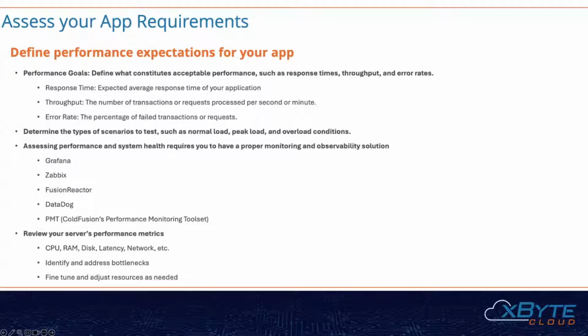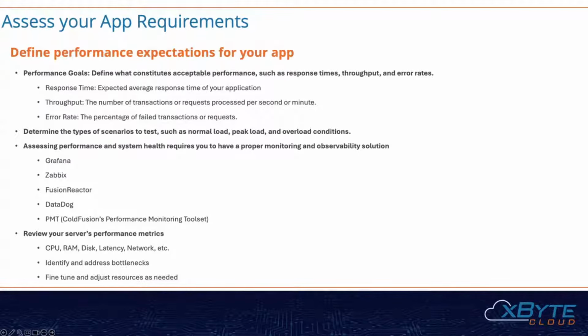As you look over your server's performance metrics, again, we'll want to keep a close watch on CPU, RAM, disk, latency, or network. If you're running into any kind of bandwidth limitations, that's something to look closely at. And fine tune and adjust your resources as needed.